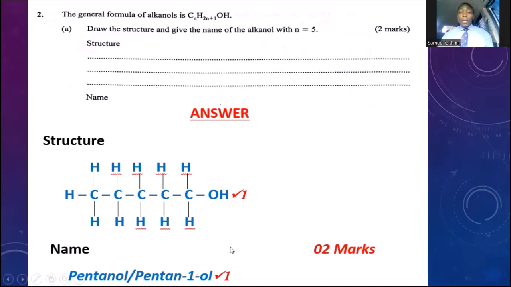That's an isomer. I can decide the OH to be on the third carbon, then I'll have pentan-3-ol. I can decide to extract a methyl here, the outer methyl, then attach it to the second carbon. Then I'll have 2-methylbutan-1-ol. So my student, that is the exercise I'm giving you. Kindly do it for me and for yourself as well.